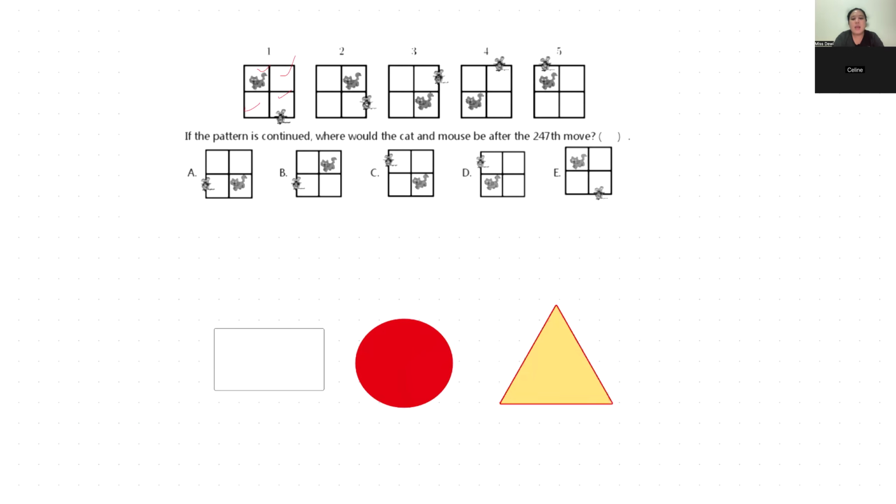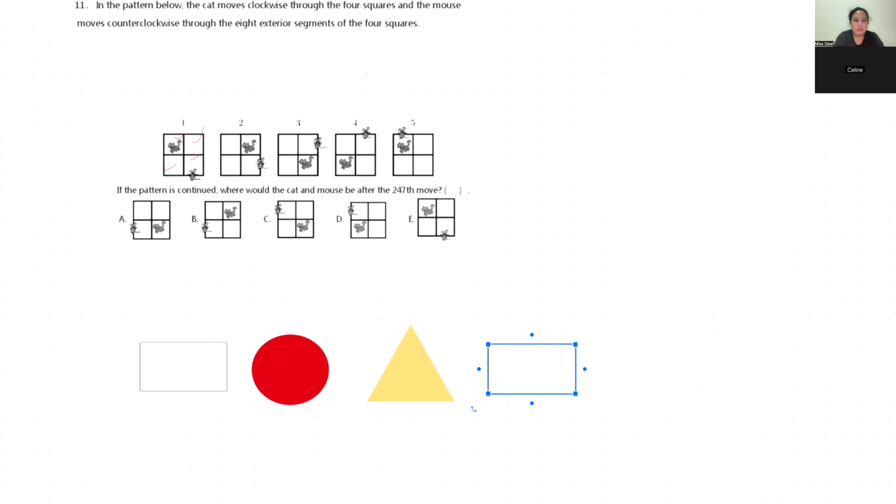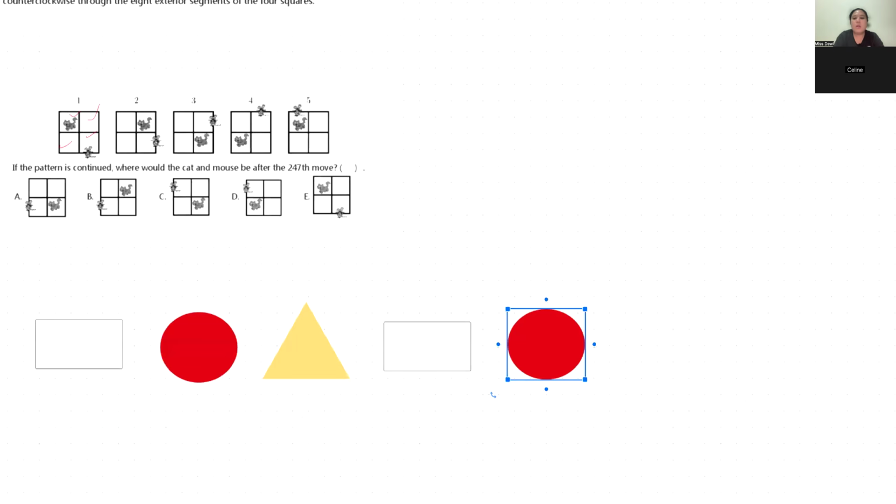Next, after that, Miss Dewi also starts again with the white rectangle. And then I put the red circle after the white rectangle. So if, let's say, Miss Dewi says, what is the next shape after?